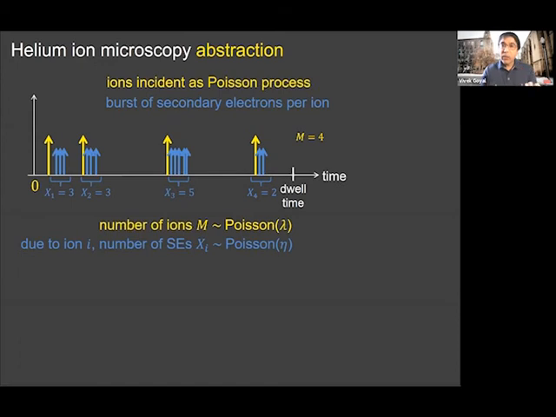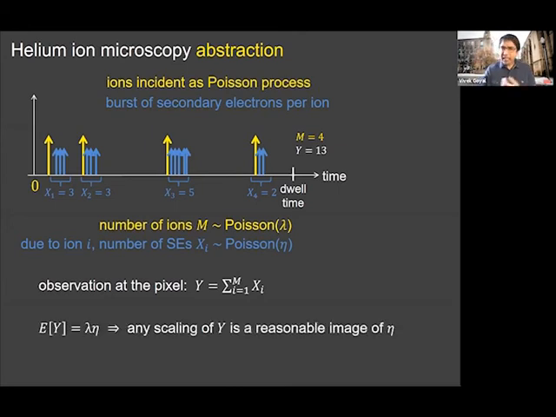And then following the tradition in this type of microscopy, we'll model the number of secondary electrons per ion as also Poisson distributed, with each burst having a Poisson parameter eta. So this gives us a model for the total number of secondary electrons, which we call Y. And since the expected value of Y is just proportional to eta, if we make an image of how Y varies from pixel to pixel, that is a reasonable image of the variation of eta.